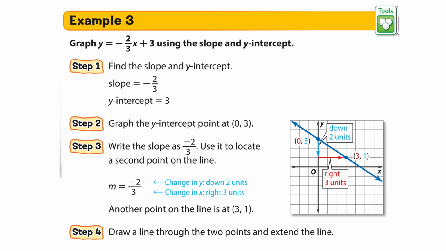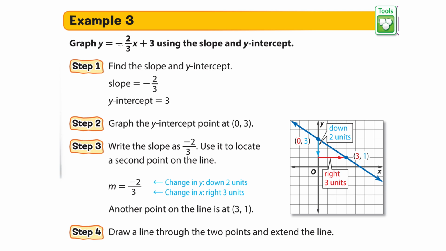So the first thing you're going to do, step 1, is find the slope and the y-intercept, but that is super easy to do if it is in the right form. This number here is the slope. Now you may be hating that it's a fraction, but for slope, you actually want it to be a fraction when you graph it, because we want the numerator to be the rise, or up and down movement, and the denominator to be the run, or side to side.